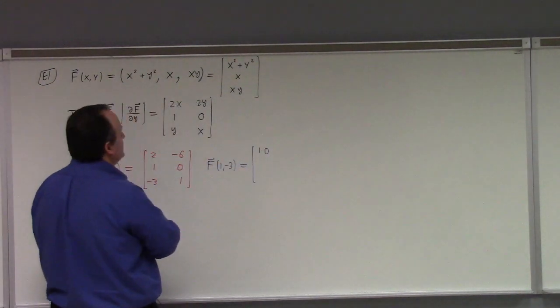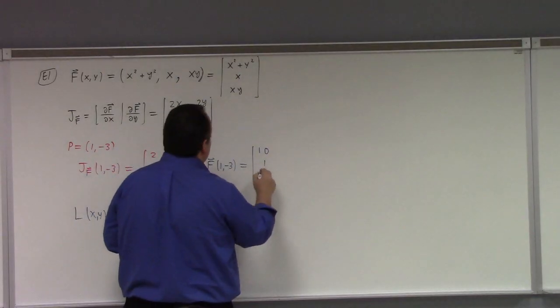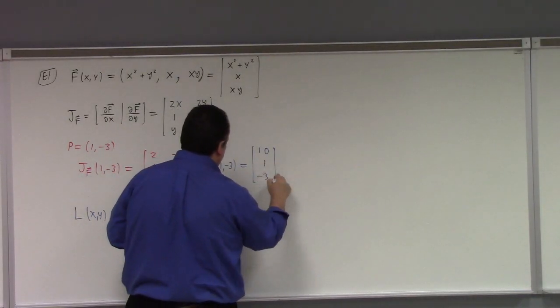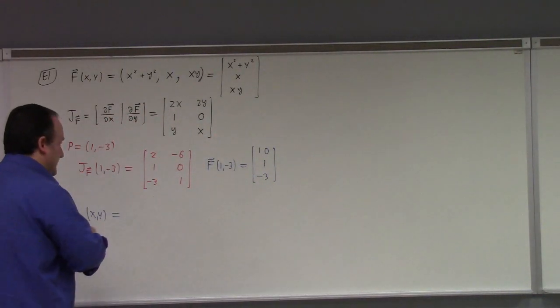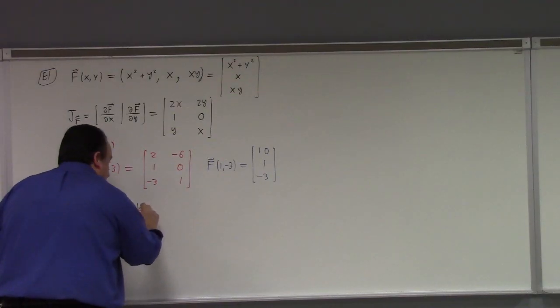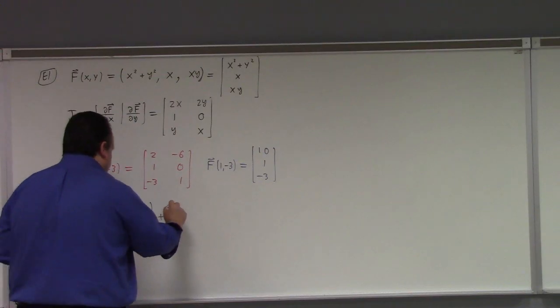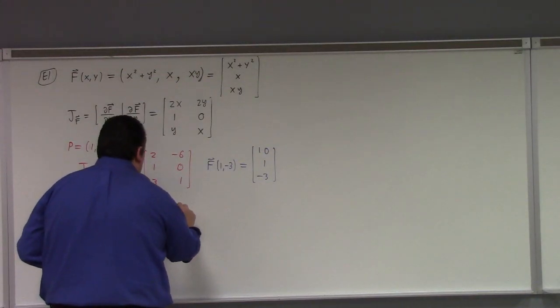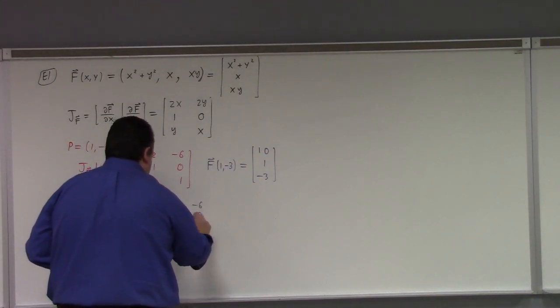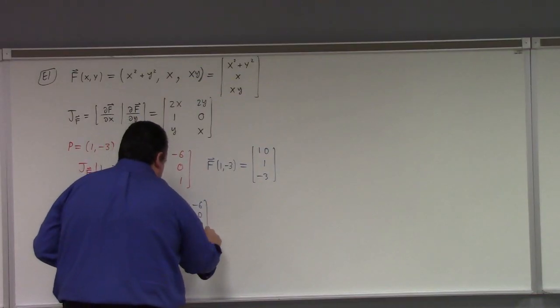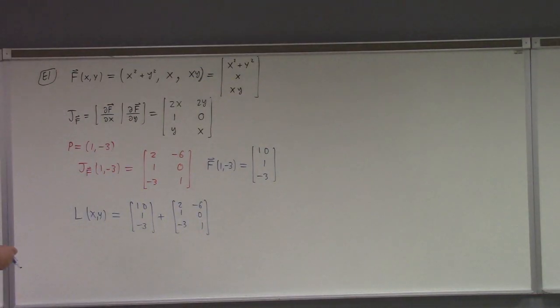And then what was the next? 1? Yeah. Negative 3? Yeah, that's right. So what we do is 10, 1, minus 3, plus my Jacobian matrix, which is 2, minus 6, 1, 0, minus 3, 1. And then I have to multiply by the change vector, like x minus p.